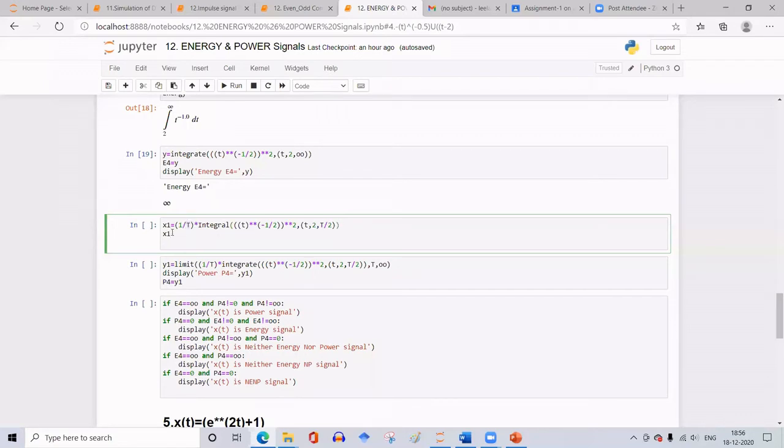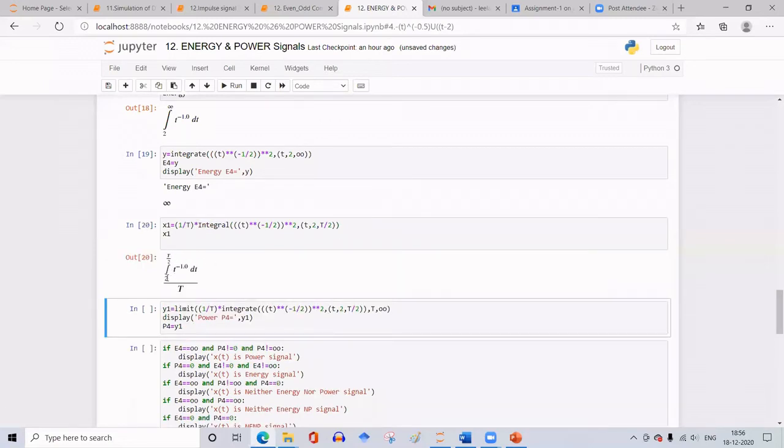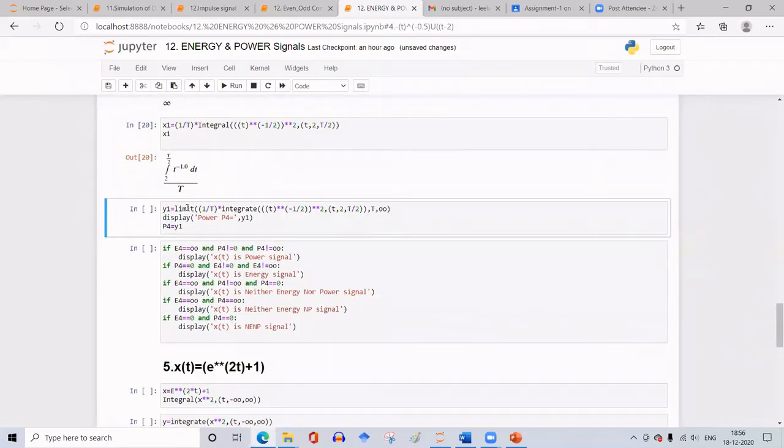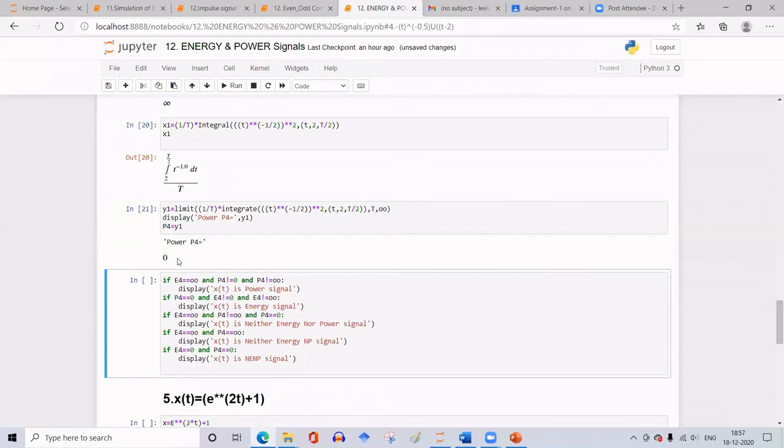So first let me evaluate this intermediate signal x1, which is 1 by capital T times the integral from 2 to T by 2 of t to the power of minus 1 dt. That is the expression that we wanted here. Then take the limit of that as T tends to infinity, evaluate it, and display the power as P4. P4 is equal to 0.